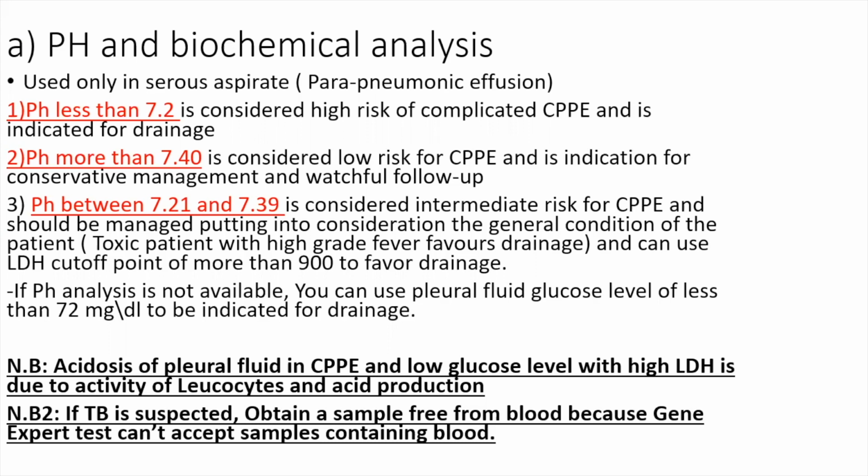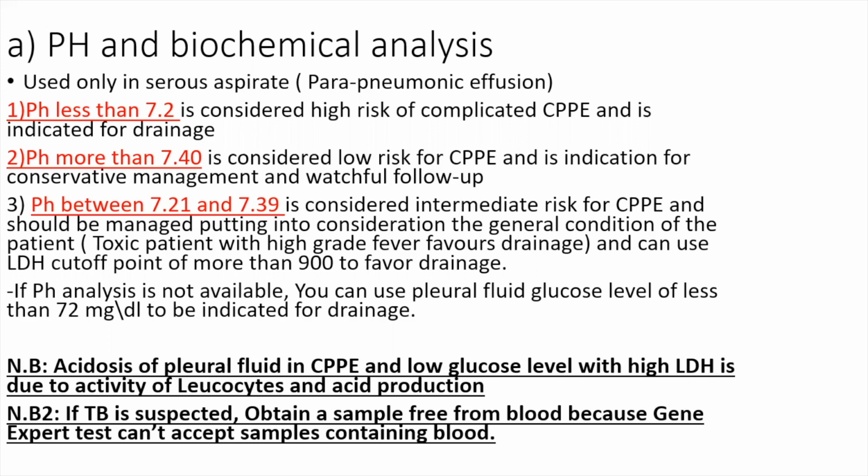And if the pH is between 7.20 and 7.40, it's considered intermediate risk. So you should take into consideration the general condition of the patient, meaning that a toxic patient with high-grade fever favors drainage, and you can use a lactate dehydrogenase cutoff point of more than 900 to favor drainage.